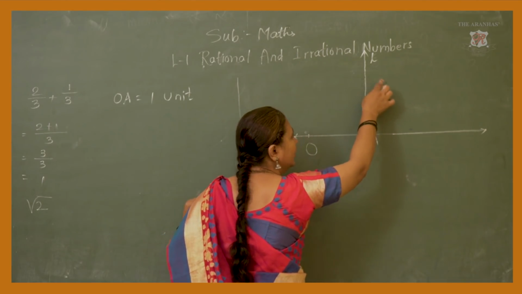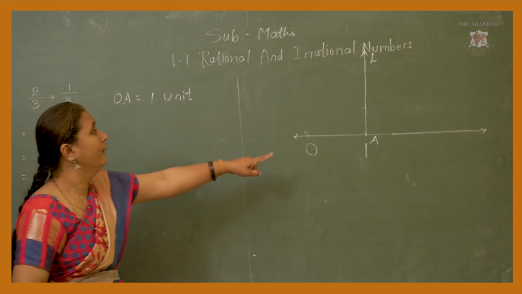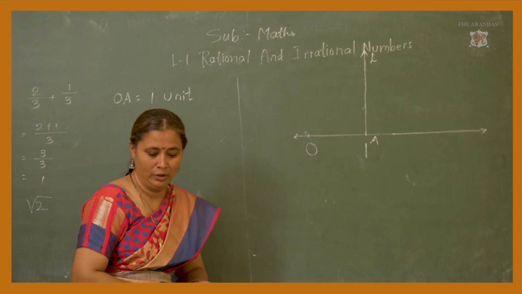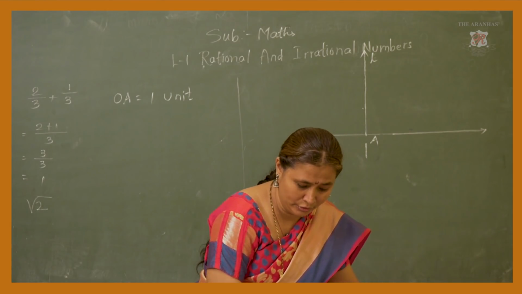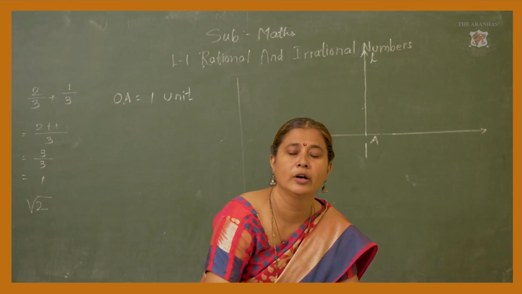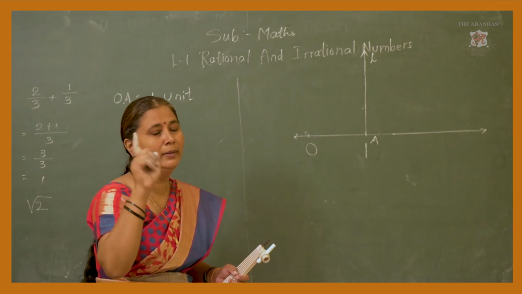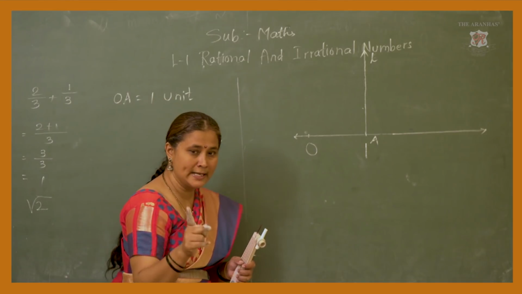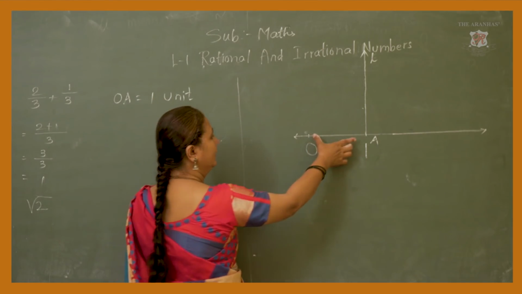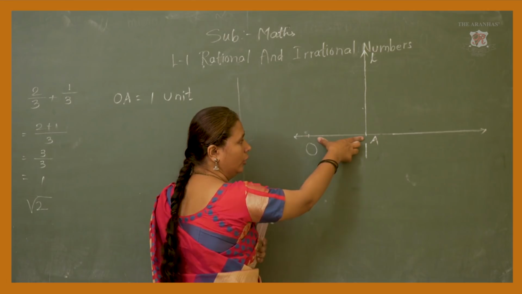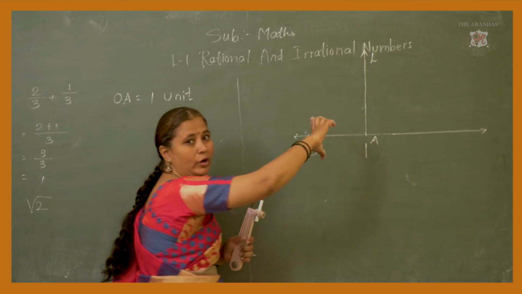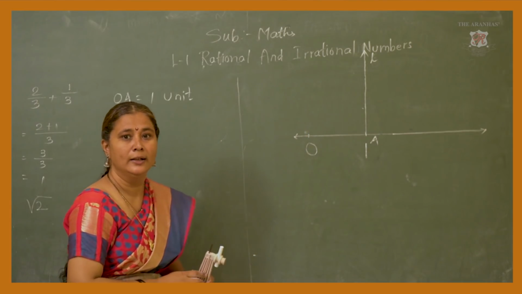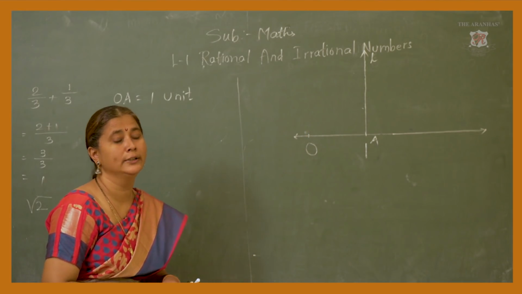That much distance only we have to take on the perpendicular line L. Okay, now using the compass you can take, or you can use the scale also for the 1 unit, but remember that how much distance you took in the scale for OA, that much distance you have to take on that perpendicular line to get root 2.